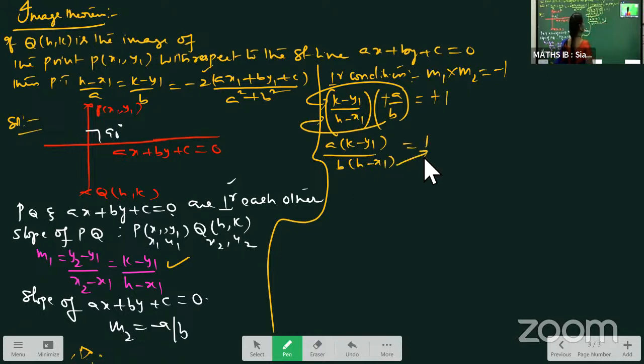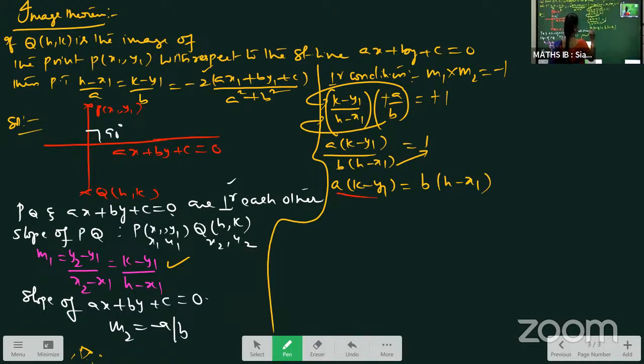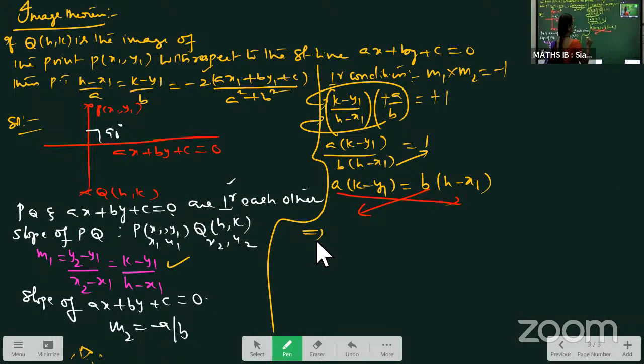Do the cross multiplication. So a into k minus y1 is equal to 1 into b, that is b into h minus x1. What I said in the previous question, send this a this side, send this b this side. Then this will become h minus x1 by a is equal to k minus y1 by b.